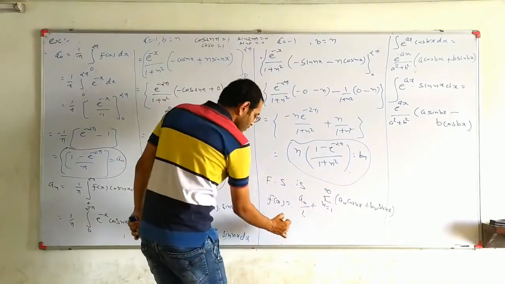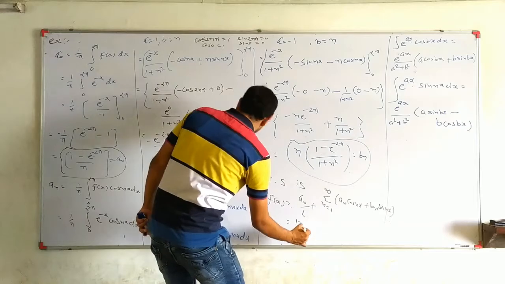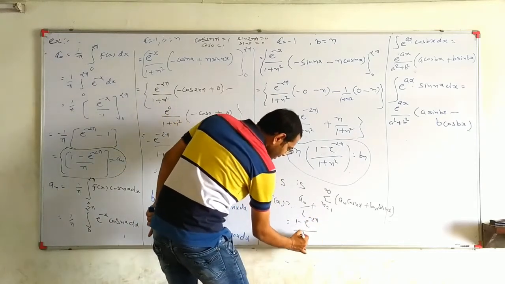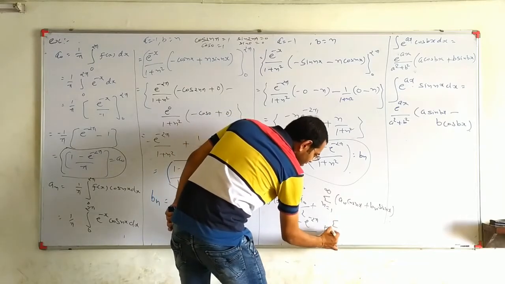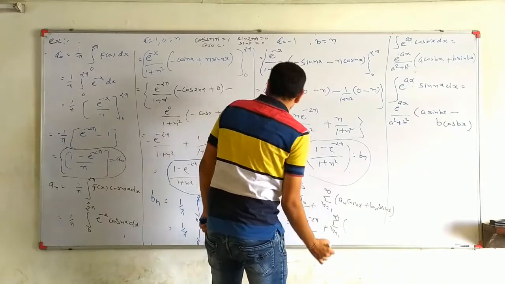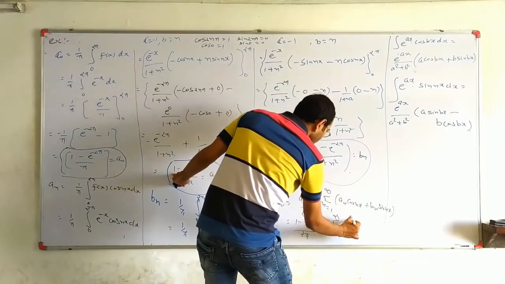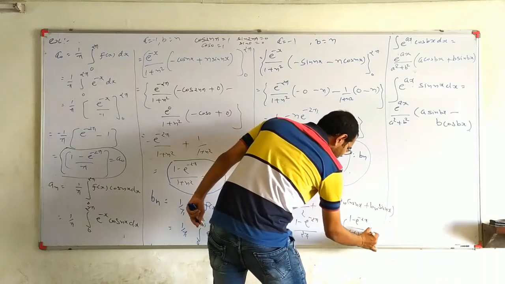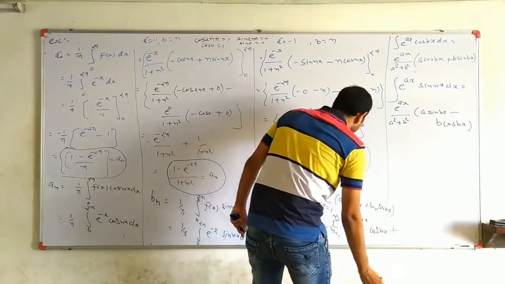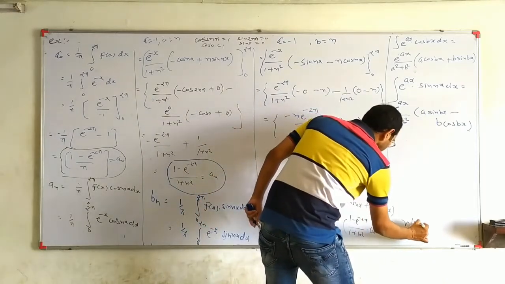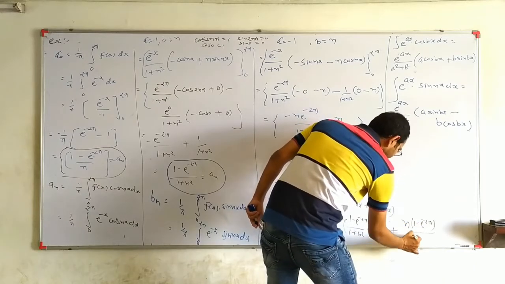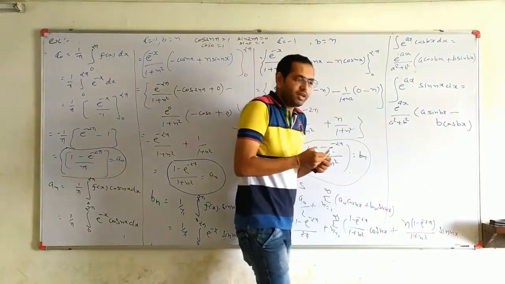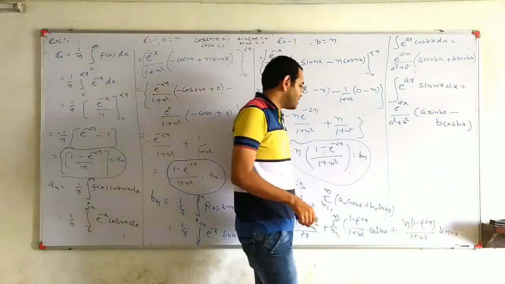Then a0 equal to 1 minus e raised to minus 2 pi by pi, so a0 by 2 is 1 minus e raised to minus 2 pi by 2 pi, plus summation n equal to 1 to infinity of 1 minus e raised to minus 2 pi upon 1 plus n square cos nx plus n times 1 minus e raised to minus 2 pi by 1 plus n square into sin nx. That is our Fourier series.